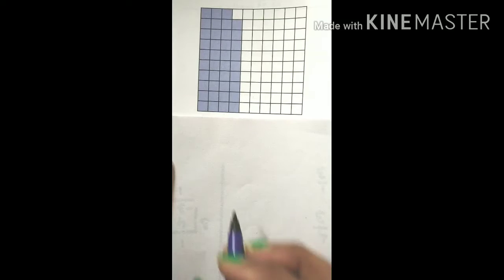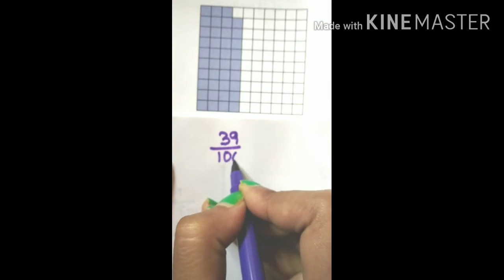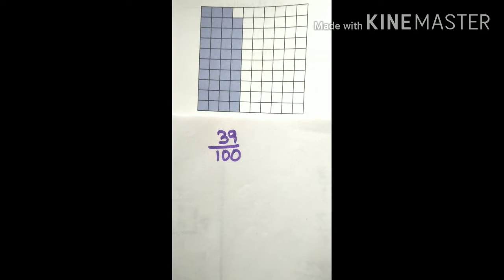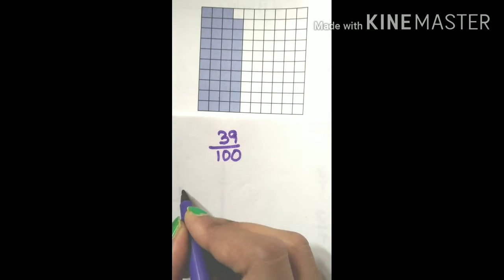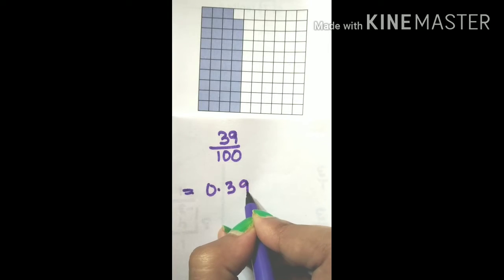So students, 39 hundredths are colored. And we can also write this as the decimal number 0.39.